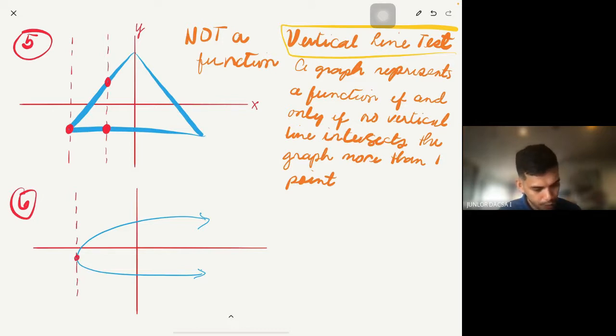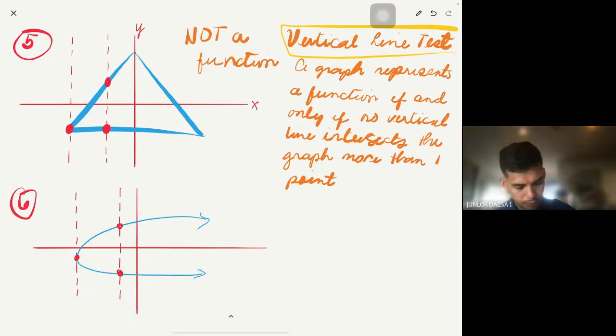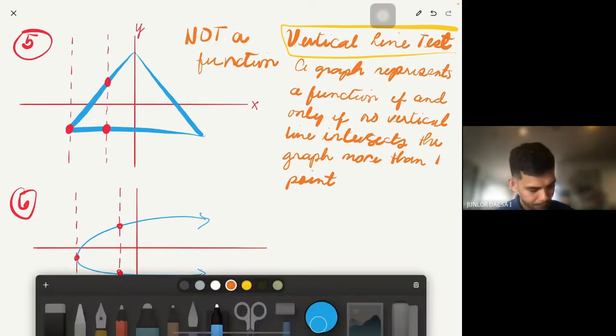Pero pag lumagpas tayo dyan from left to right, kung mapapansin ninyo, nag-pass through na siya sa 2 points. Ayan. So, this is an example of not a function. Ayan. Okay. So, this is how we determine if the given item is a function or not. So, let us say another example. Isa pa.